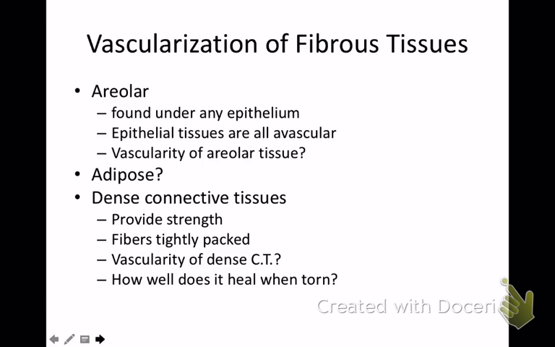Okay? Epithelial tissues, we already know, are always avascular, right? So where's the blood supply for any epithelium? Right up under it. What tissue's right up under it? Areolar. So where are all the blood vessels for your epithelium? In that areolar tissue. Very, very good blood supply.